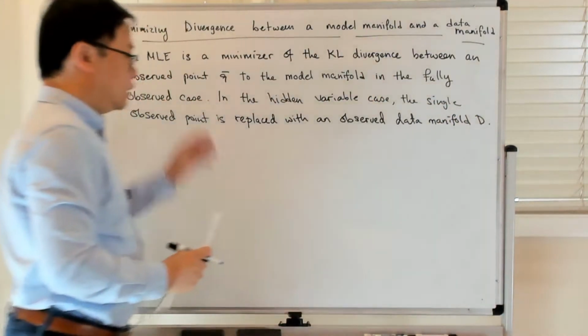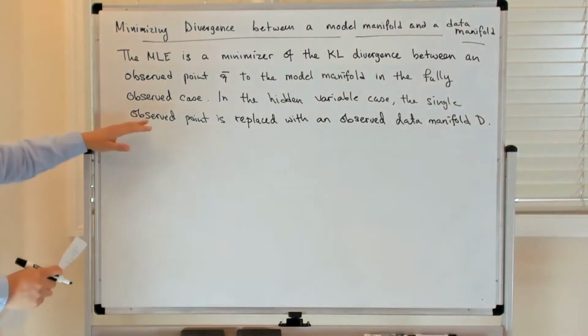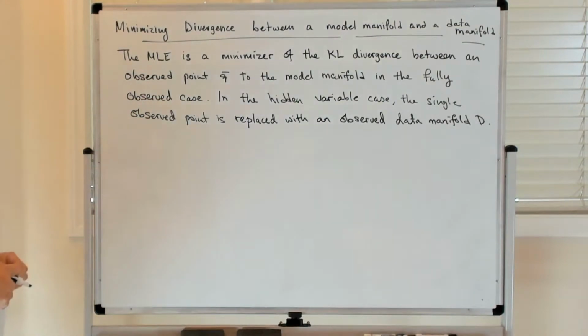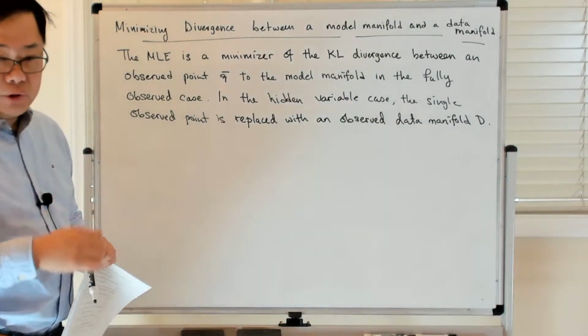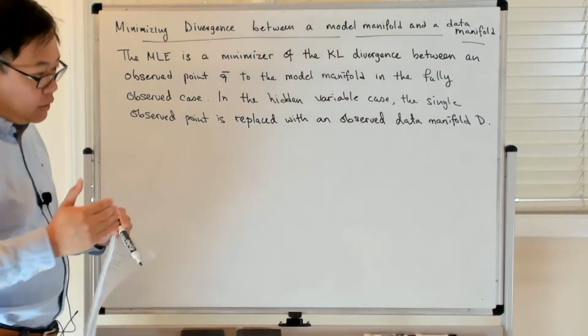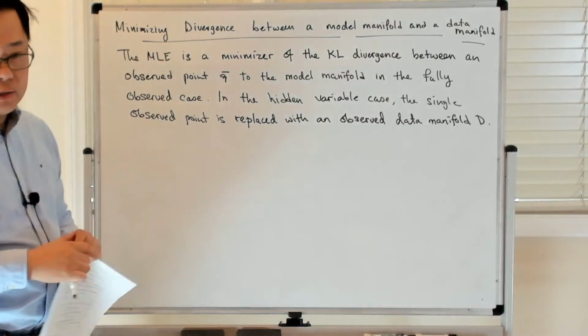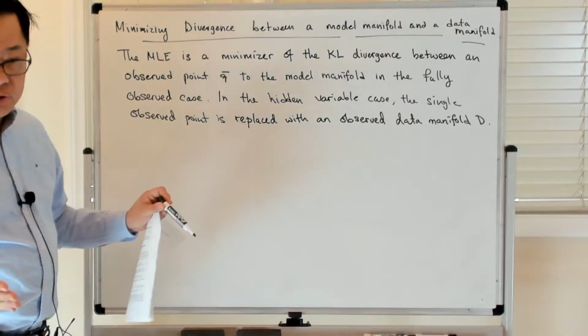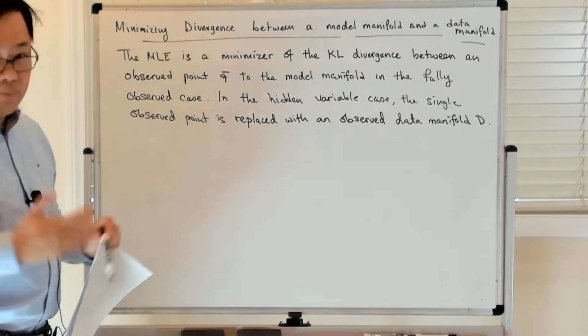If you recall, the way you construct this observed data manifold is that you think of the observations, with hidden variables, as only giving you information about the marginal distribution, and then you lift it to the full distribution by using Bayes' rule.